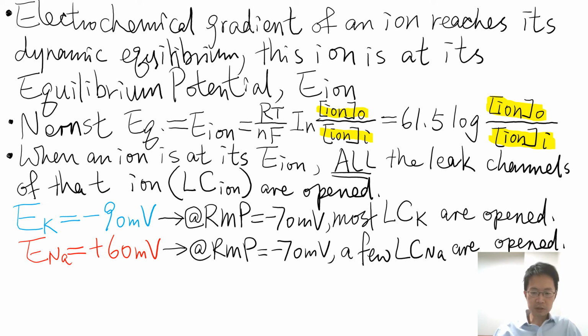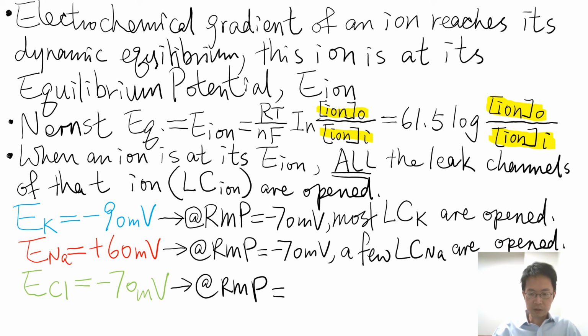Last but not least, what about chloride? What is the equilibrium potential of chloride? It is minus 70 millivolt. Same thing at RMP.